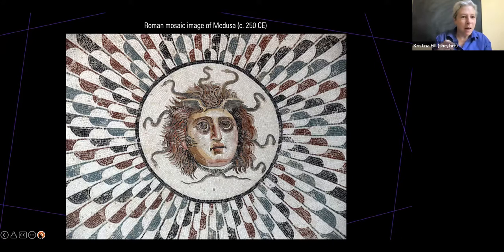She somehow ran afoul of a goddess, Athena, by possibly having a sexual relationship, which apparently was coerced, with another god, a male god. So she's essentially raped by a male god. Athena is angry and treats her this way, converts her into a scary, angry female figure that turns men into stone, that punishes men. It's a complicated story, as you can imagine.